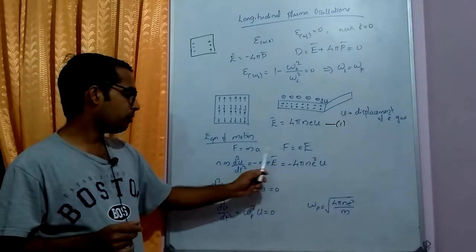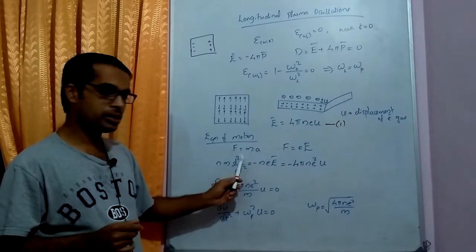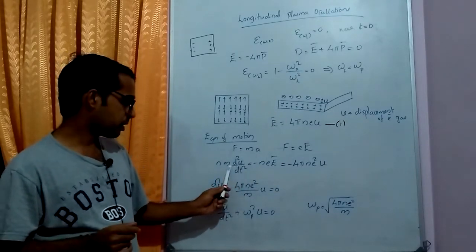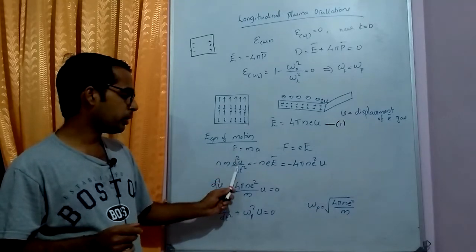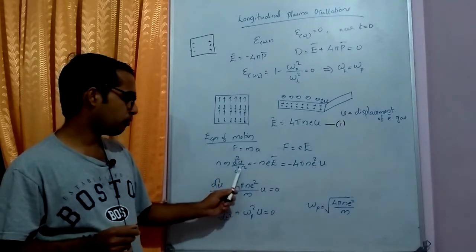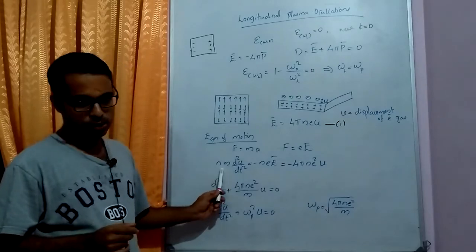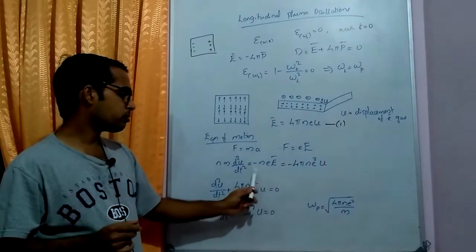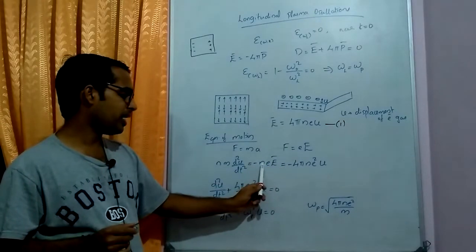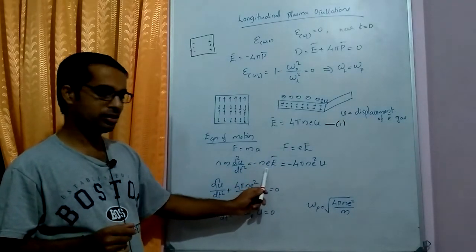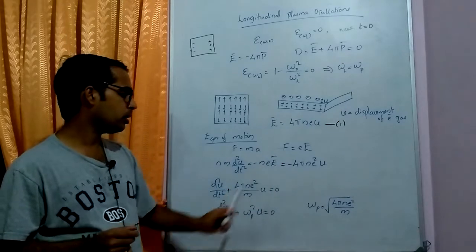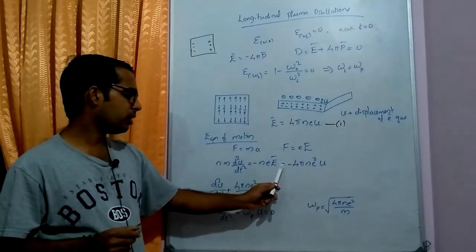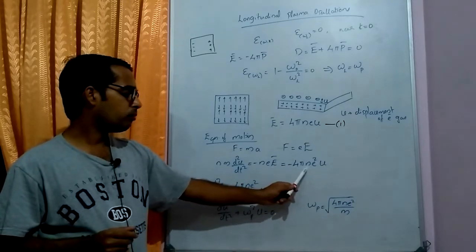From this we can expand it in this format, where U represents the displacement. N m d squared U by dt squared represents the force, where N is the electron concentration, and correspondingly this will be the expression, minus N e E. This is also the force equation, and it can be formed in this format.